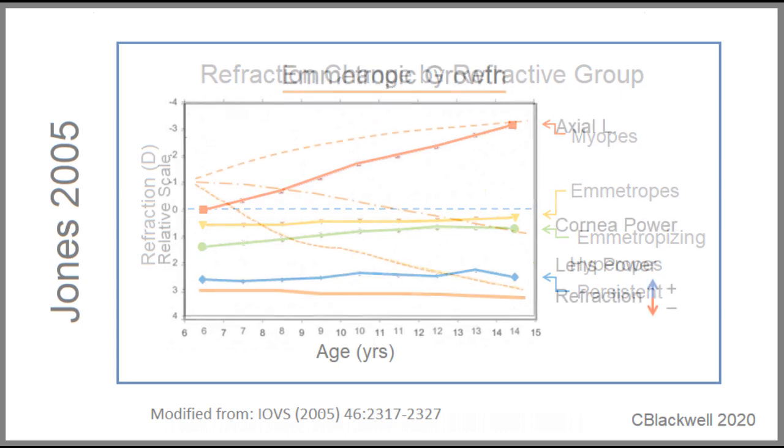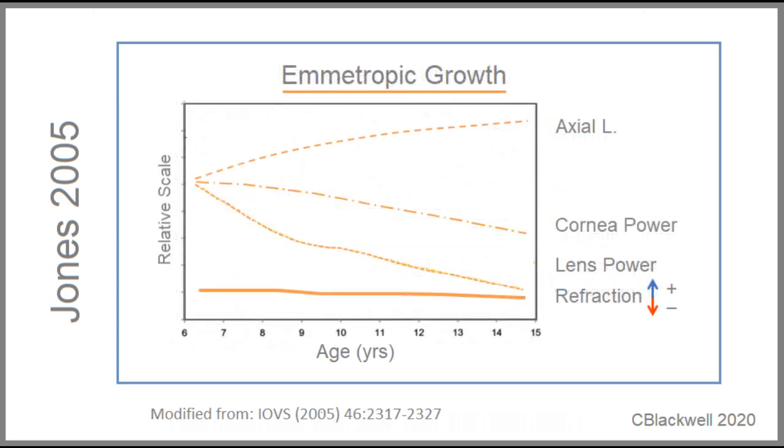Jones went an interesting step further, breaking changes down into the component eye parts. Note in this graph, myopia increases going downward. For emmetropes, the power of the cornea and lens gradually decrease, while axial length increases. In this case, synchronized so the refraction remains stable, near 0.